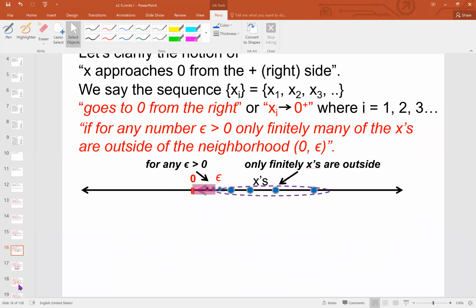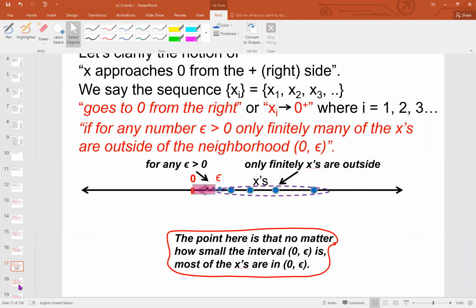It doesn't matter how small the stretch is, most of my x's are in that space and only a few are outside. This is one conceptual definition of a sequence of numbers going to 0 on the positive side, the right-hand side, 0 plus.